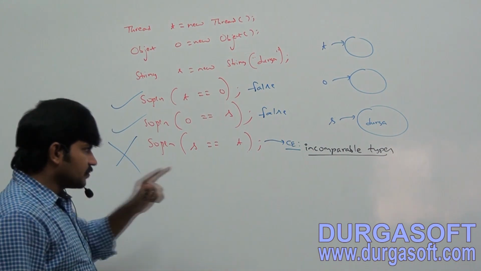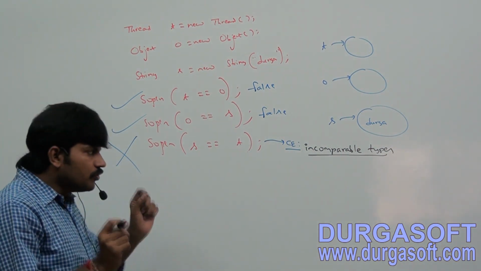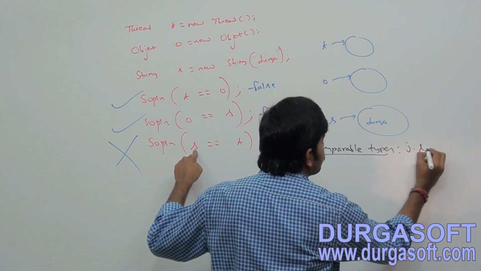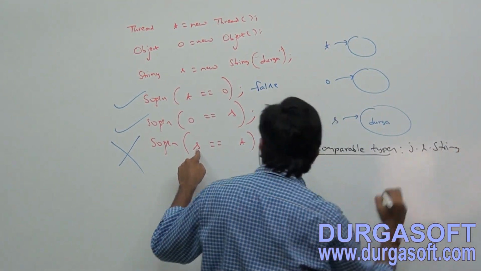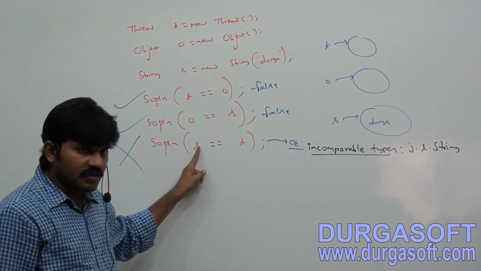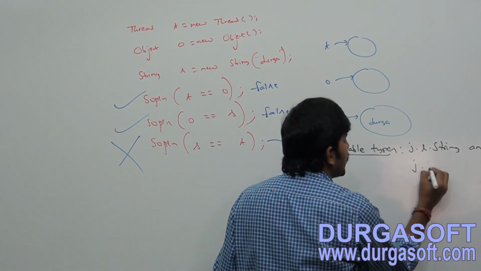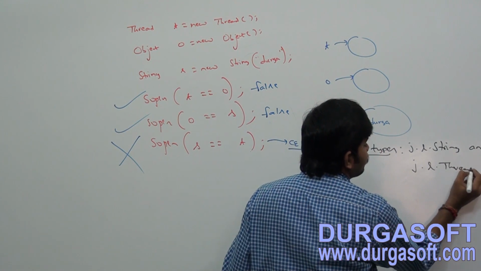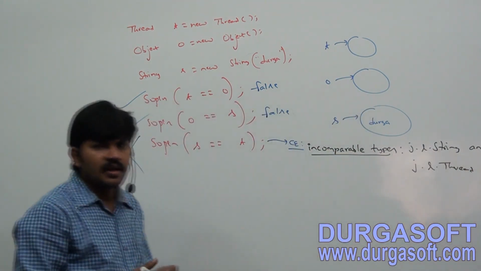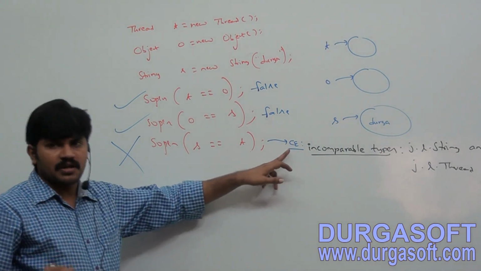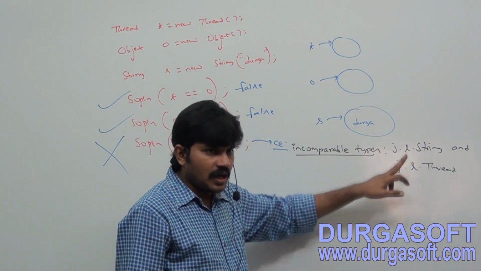Clearly it is telling incomparable types. Which types are incomparable? java.lang.String and java.lang.Thread are incomparable types, string and thread.